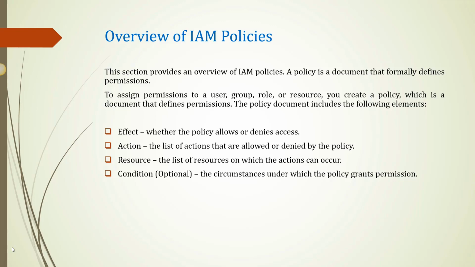Effect: whether the policy allows or denies the access. Action: the list of actions that are allowed or denied by the policy. Resource: the list of resources on which the action can occur. And last is condition, which is optional: the circumstances under which the policy grants permission.